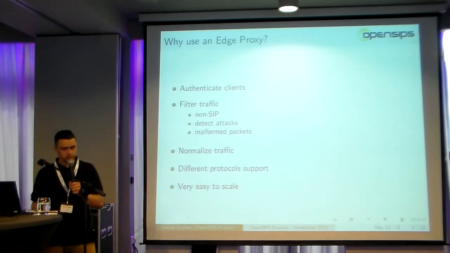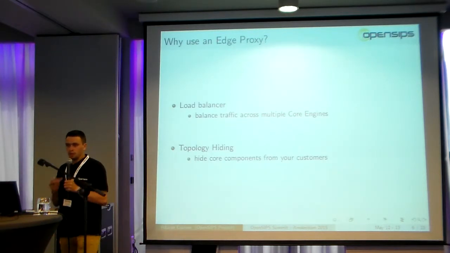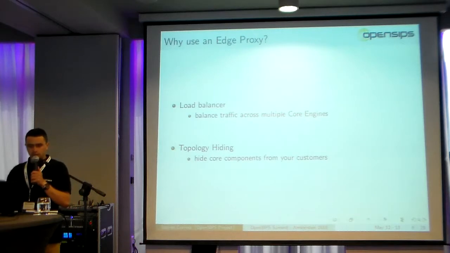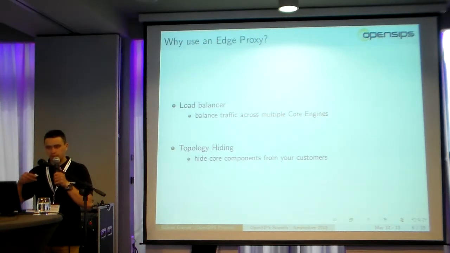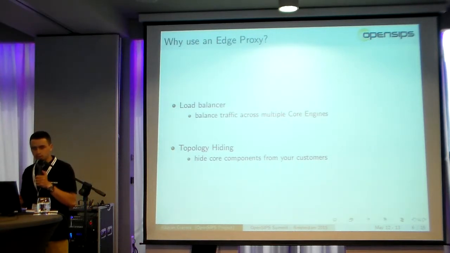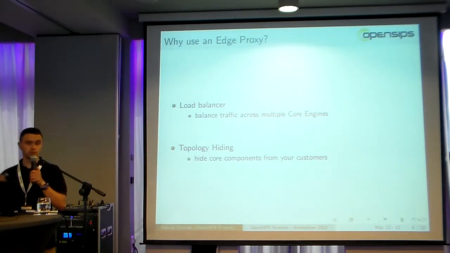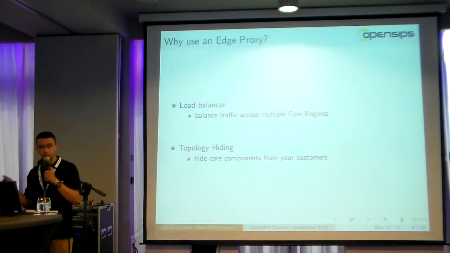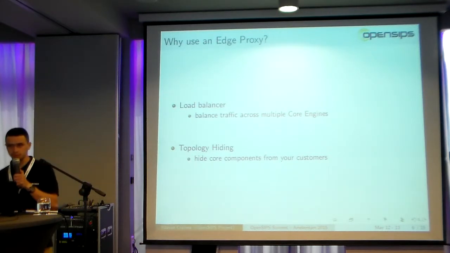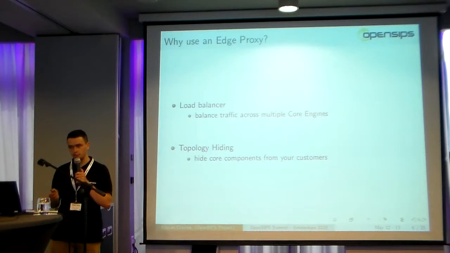So it's very important to be easy to scale. Also, it can work as a load balancer to balance the traffic across multiple core engines, and it can also offer, or should offer, topology hiding depending on your customers. You might want to hide the core components from your customers. And we'll see this in the workshop today.